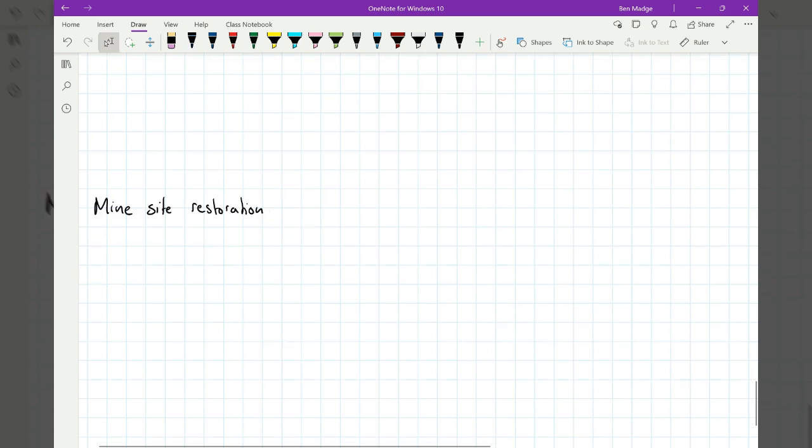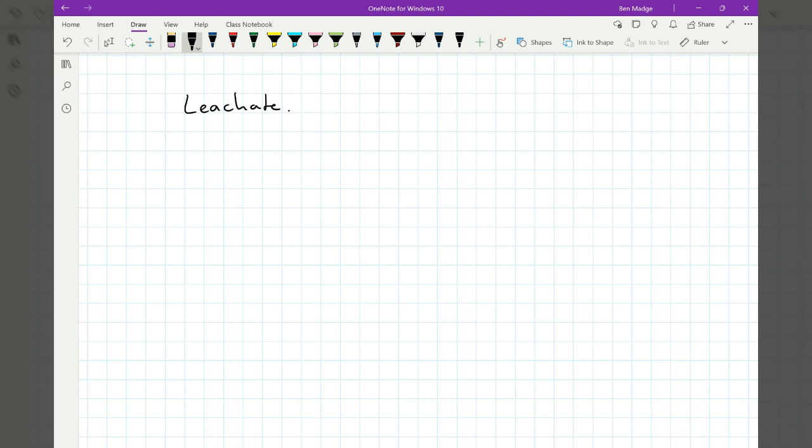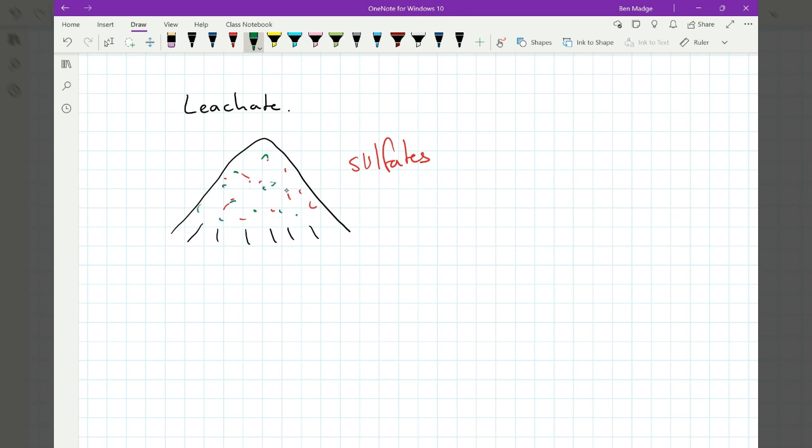And the last one then to do with our stockpiles is leachate. So what we can do is if we have a stockpile and it's got our sulfates and our toxic metals, perhaps it's arsenic, perhaps it's lead, whatever it is, and this is being leached out from our stockpile.